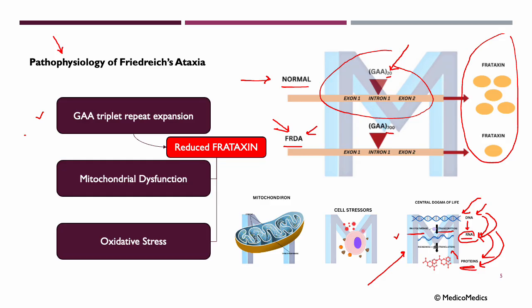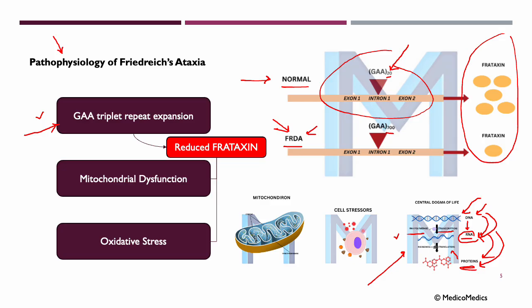So in summary then, because of the GAA triplet repeat expansion, we get gene silencing. We get disruptions making less messenger RNA. So that in turn then leads to less frataxin proteins being synthesized or formed.